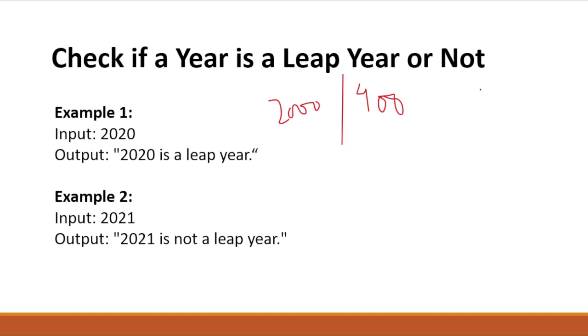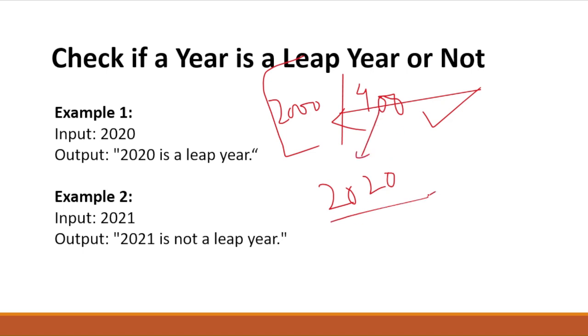Because when we divide it by 400, it will be completely divisible. Another condition is, if it is not divisible by 400, like 2020, but it is divisible by 4. Yes, that is true. Does it mean it is a leap year?